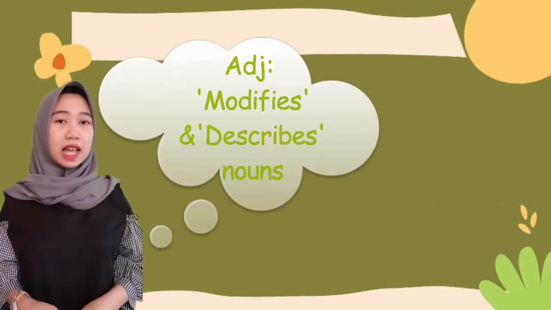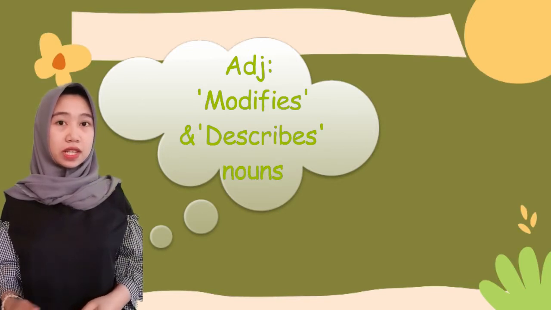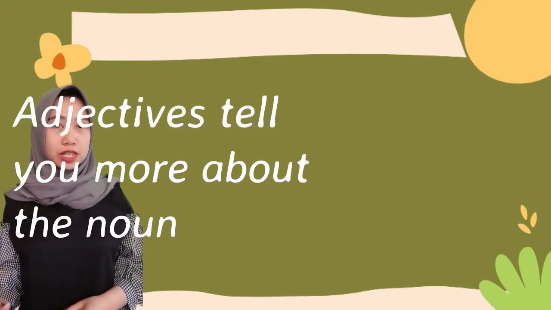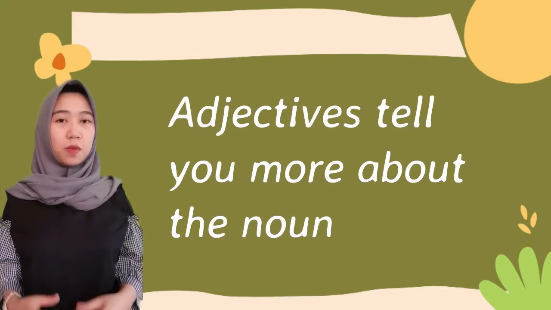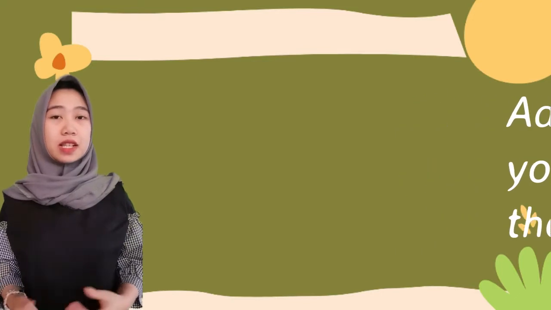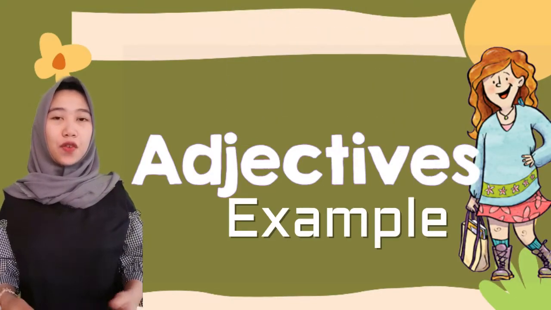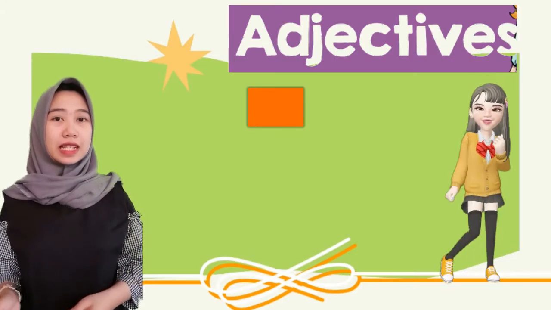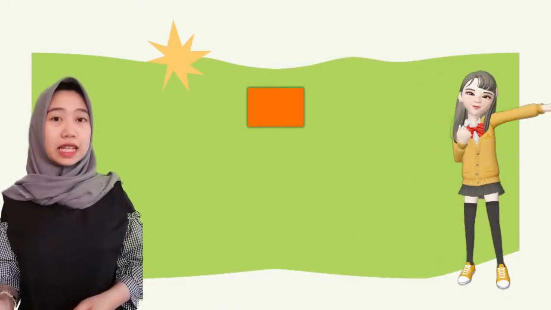When we say that an adjective modifies or describes a noun, it means adjectives are words that give more explanation, more detail about the noun. Adjectives make a sentence more interesting. For example, the girl is dancing. The girl is a noun here.